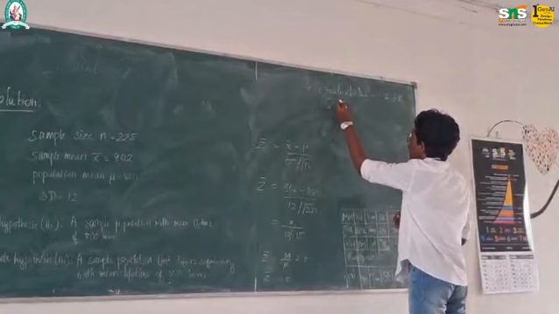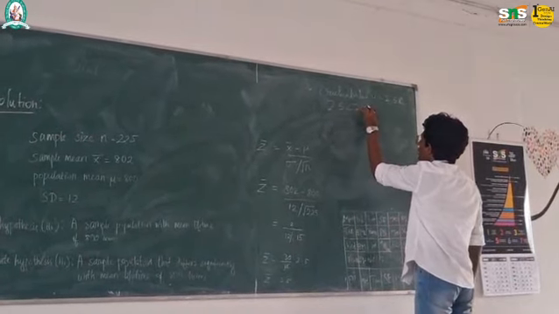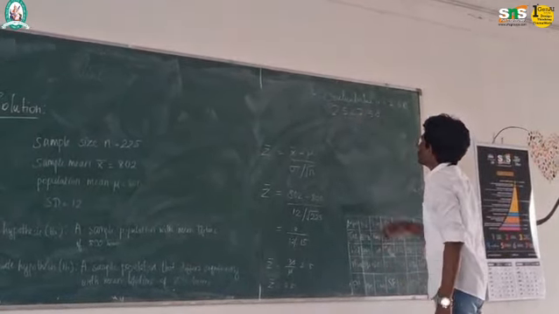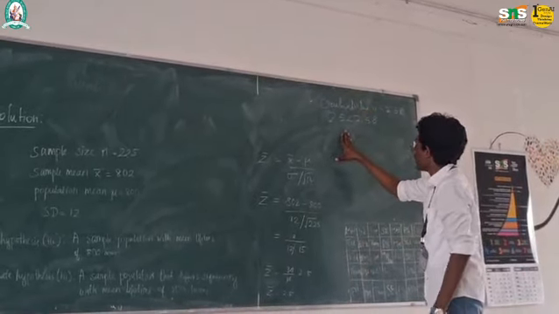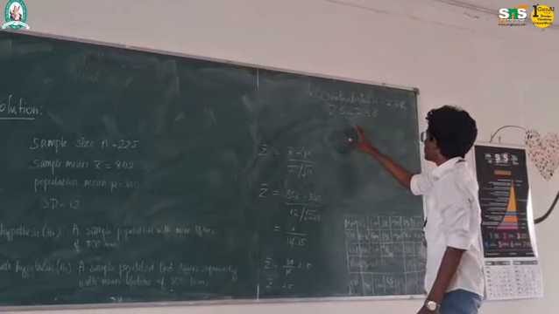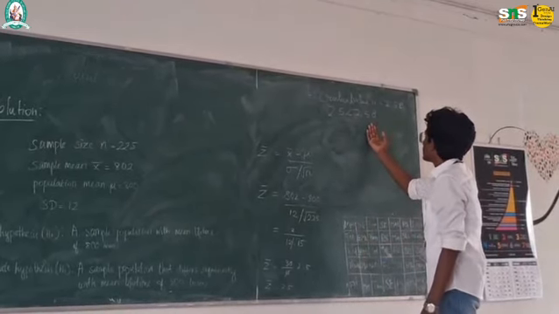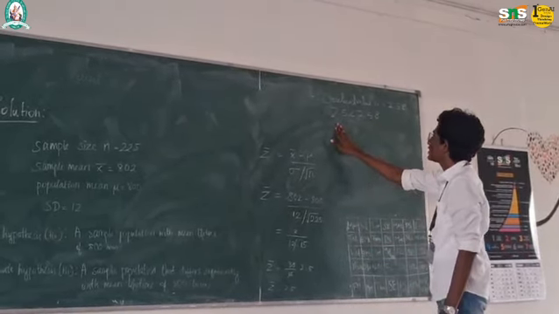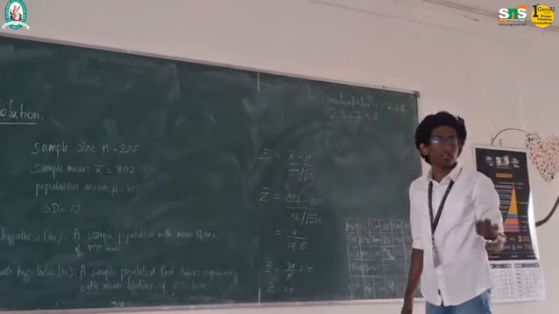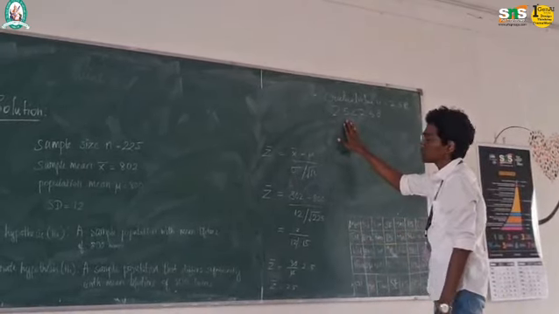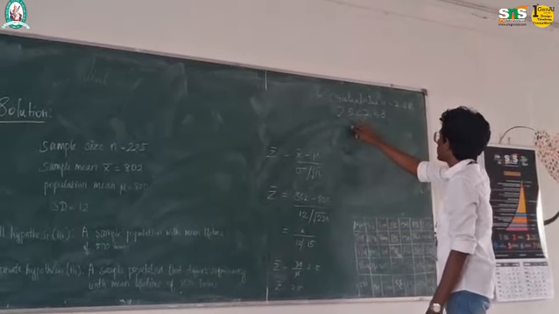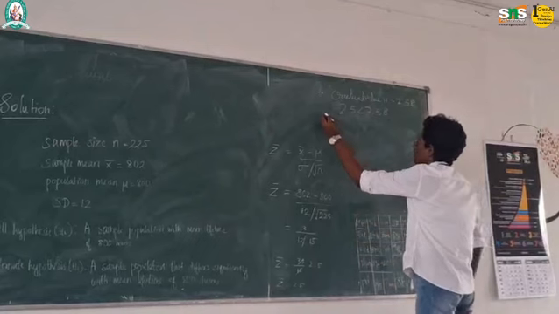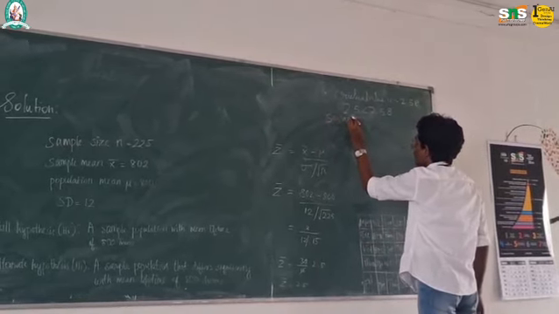So 2.5 is lesser than 2.58. So the critical value is greater, which means the null hypothesis is accepted. In case the critical value is lesser than the Z value, then the null hypothesis is rejected. So here the critical value is greater than Z. So accept the null hypothesis.